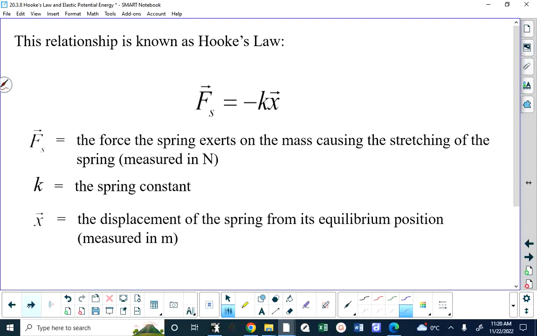So if I hang a, I'm going to need your eyes to help me out here. 100-gram mass. If I hang a 100-gram mass on this spring, it stretches about, I don't know, 3 centimeters.